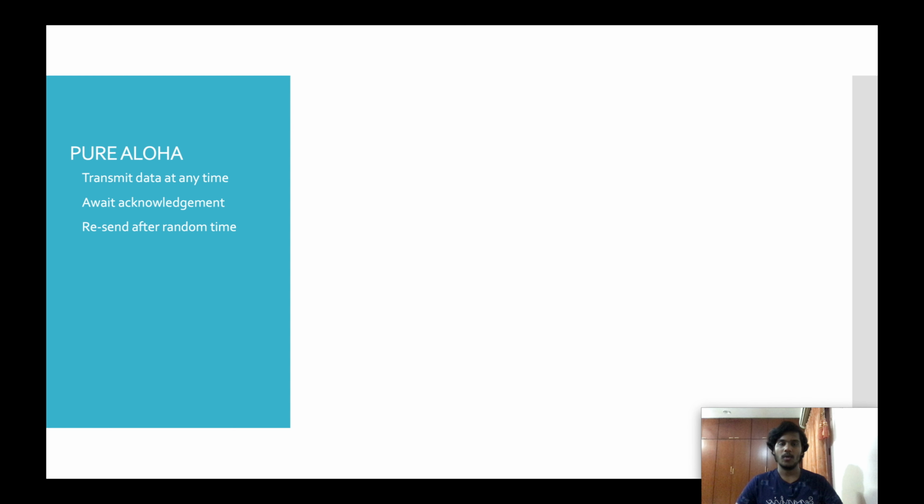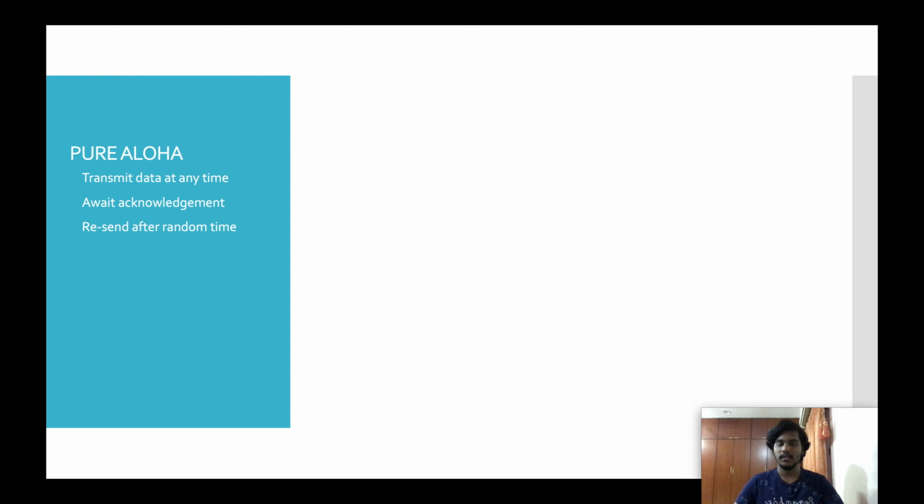The reason for a random amount of time is that, let's say there are two senders which have sent a message at the same time, but due to the problem both of the messages have been mixed up. So let's say both of them exactly after 5 seconds send the same message, and the same problem occurs.